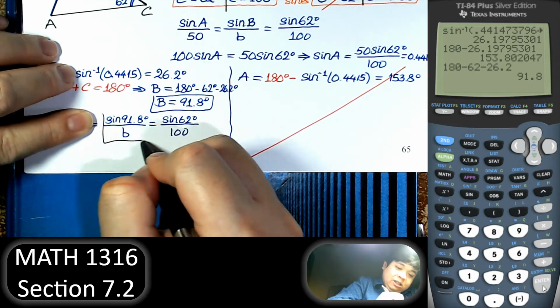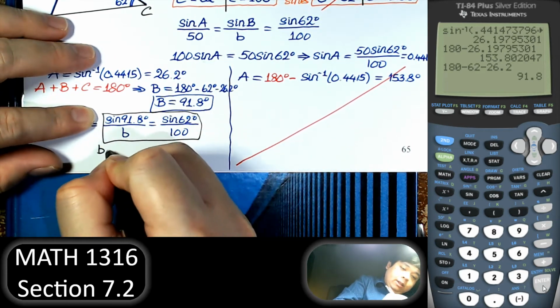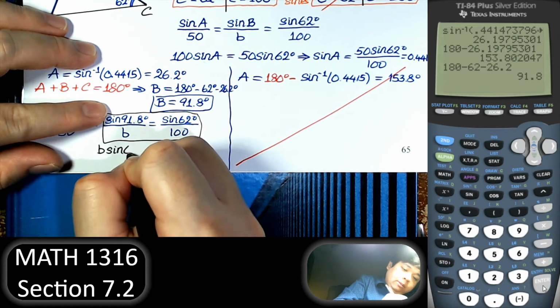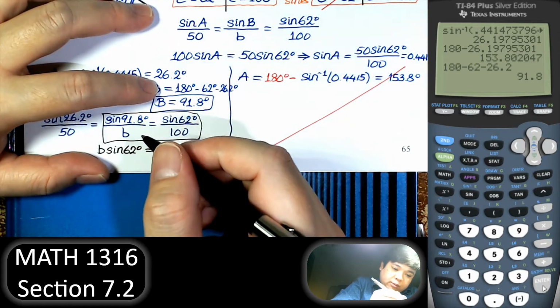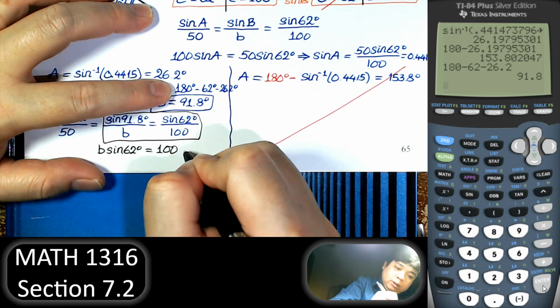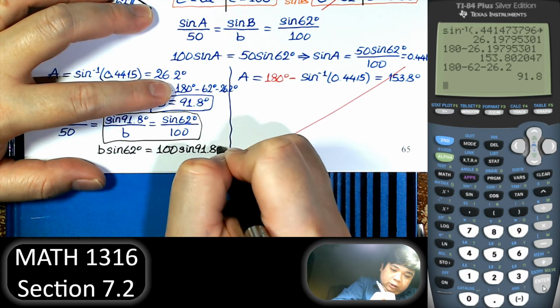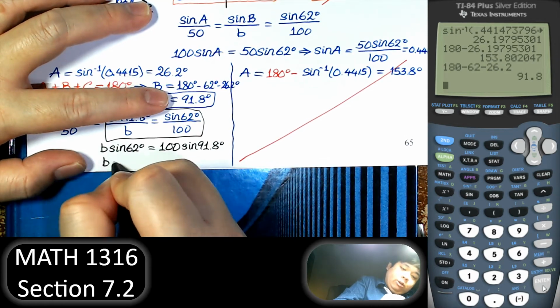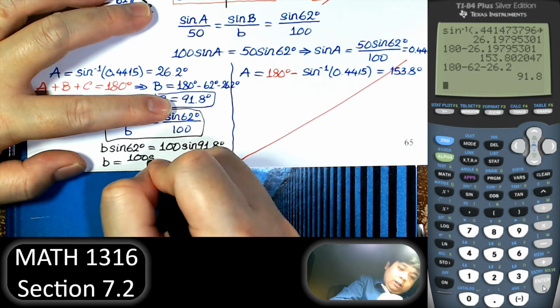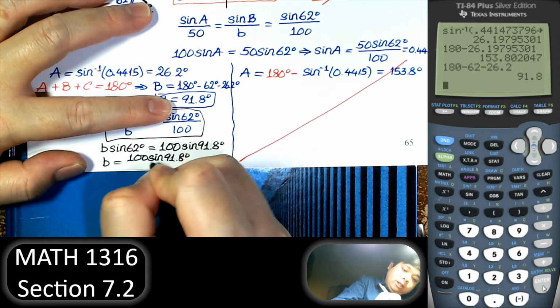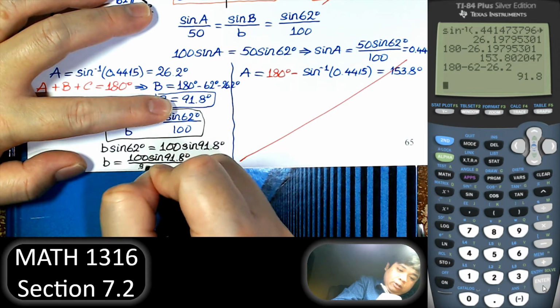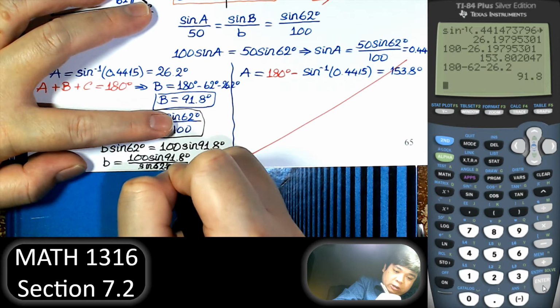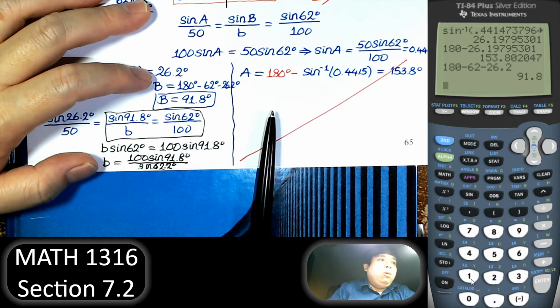This will be easy. Right, so we get B equal to 100 sine of 91.8 over sine of 62 degrees. That's 100 sine of 91.8 divided by sine of 62.